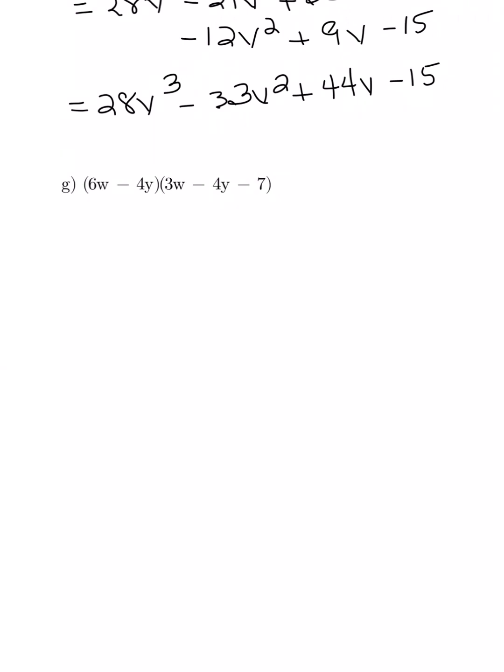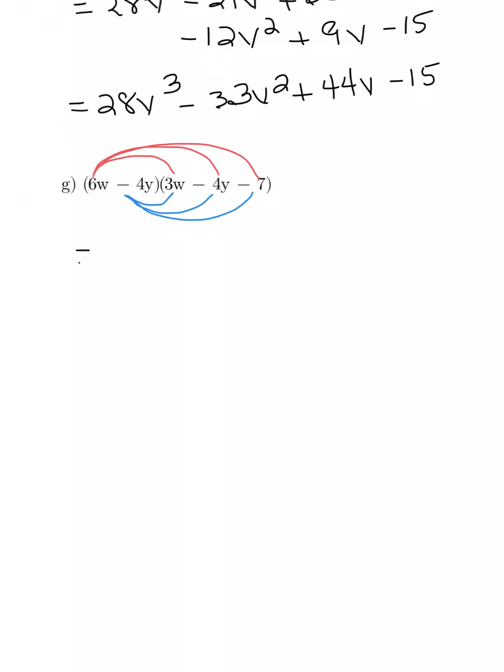Example G is much like example F. We have to take each term of the first polynomial, which is a binomial. We're going to take 6w times each of the 3 terms of the second polynomial. Then we're going to take negative 4y, the second term of the first polynomial, times all 3 terms of the second polynomial.